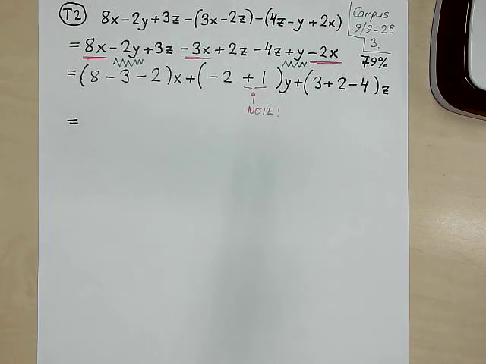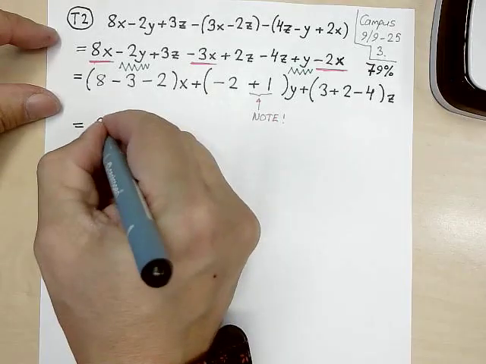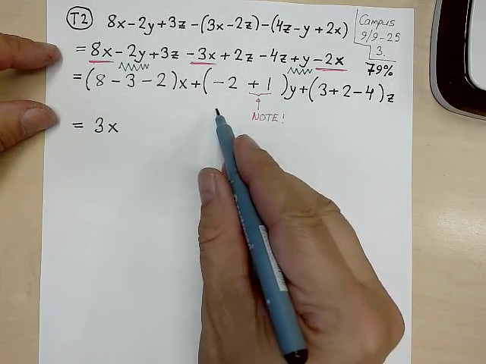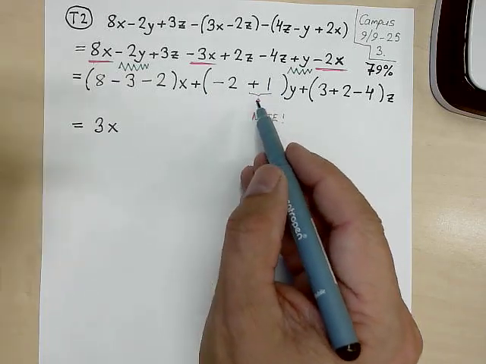And then we may calculate these sentences. 8 minus 5 equals 3x. And here we have this situation that we get -1 here, -2 + 1.